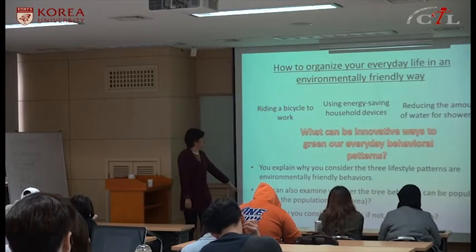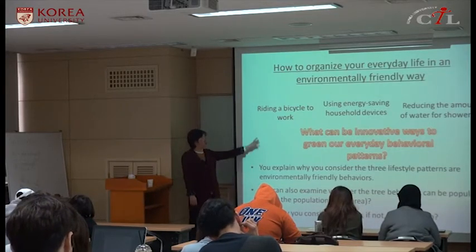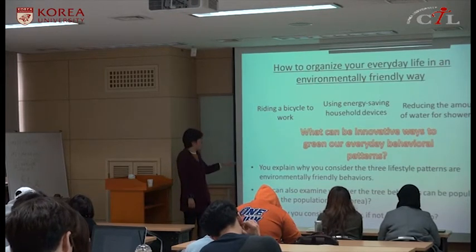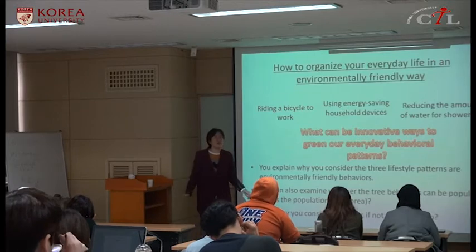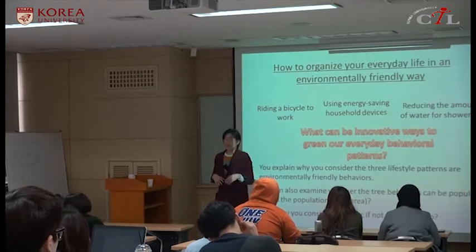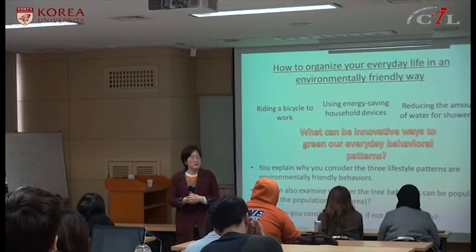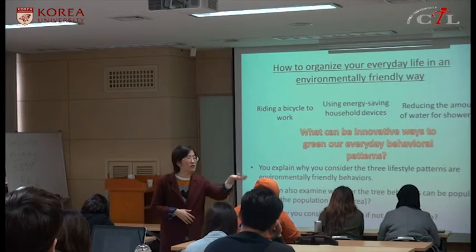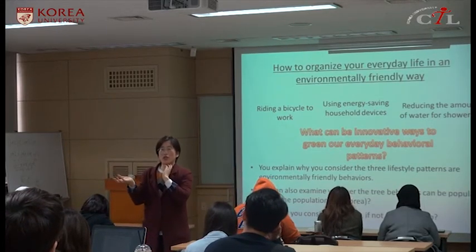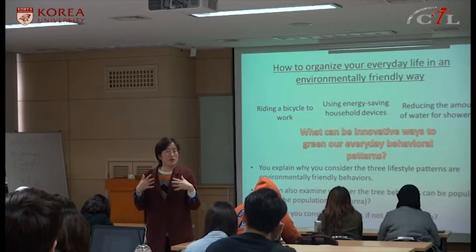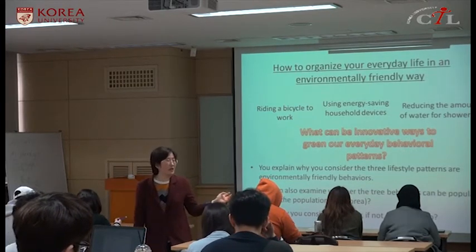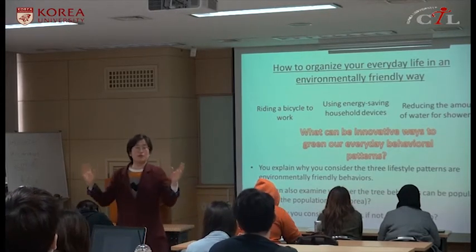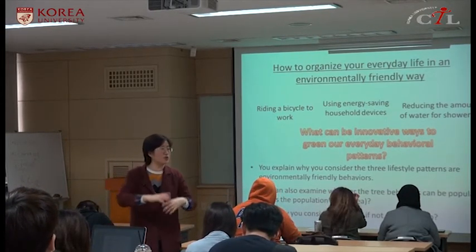And the second one is that you can also examine whether the three behavior patterns to organize your life in an environmentally friendly way can happen across the majority of the population, whether the majority of the population in South Korea, or in Australia, or in the United States, or in Hong Kong, or in China, thinking about the country you come from, whether these specific behaviors can be a dominant behavior across the majority of people.